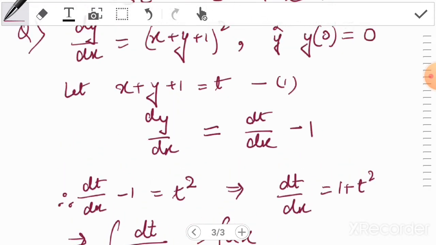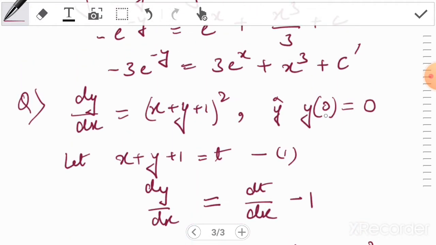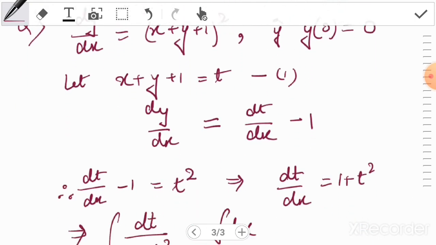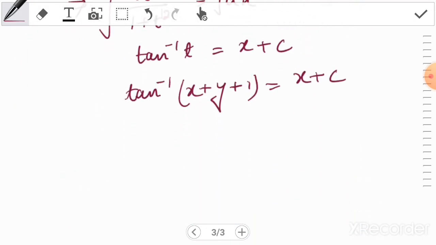And from the initial condition we have, if x is 0, y is equal to 0. So when x is equal to 0 and y is equal to 0, we have tan inverse 1 is equal to c.